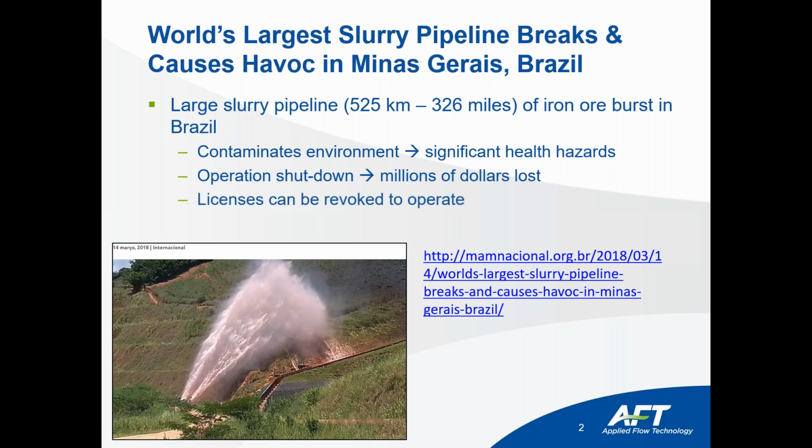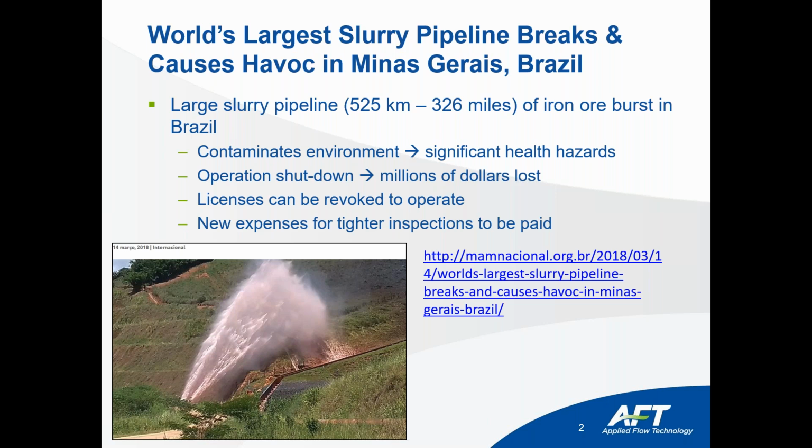Licenses can potentially be revoked, and then you're going to have to deal with new expenses for tighter inspections. This is a good example of an accident where it's really important to know what's going on in your slurry systems, because just like any pipeline, they can cause a lot of issues.